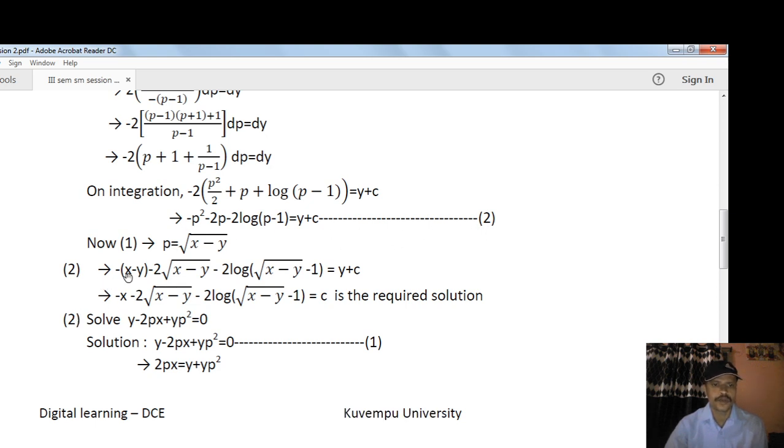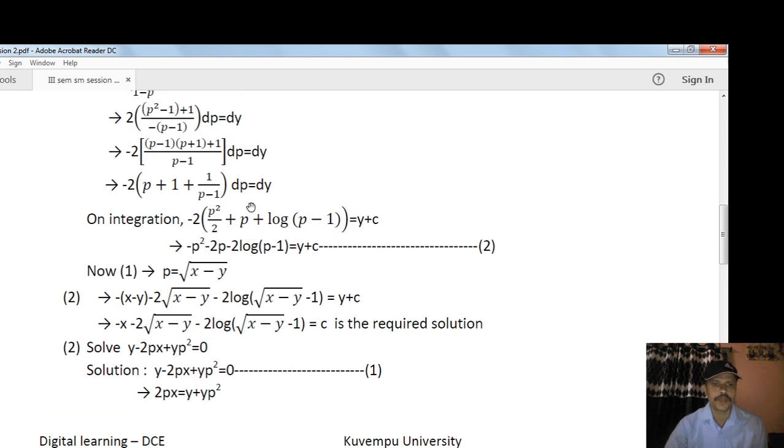Now 2 implies minus of p square, which is x minus y, minus 2 into p, which is root of x minus y, minus 2 into log of root of x minus y minus 1, is equal to y plus c.